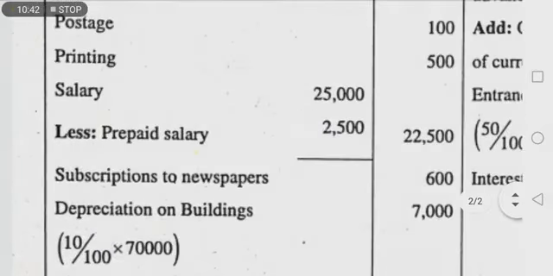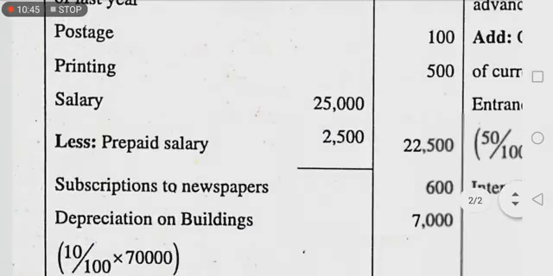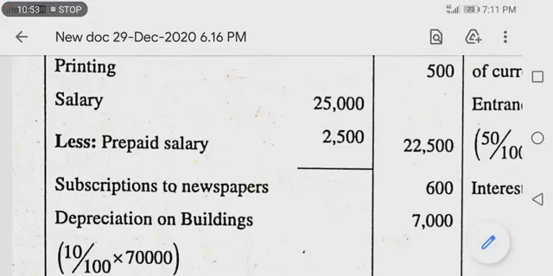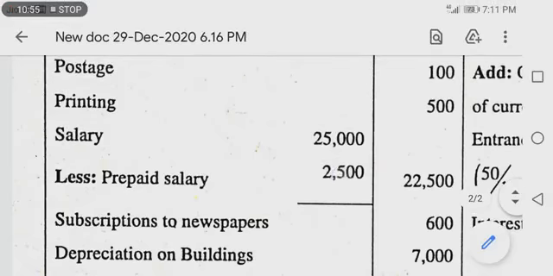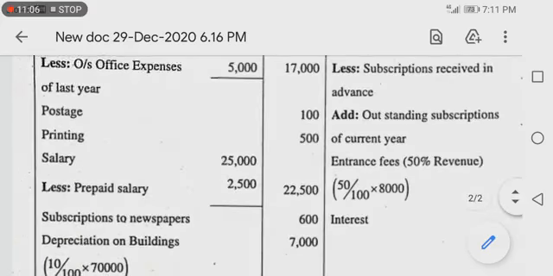Now you can see under the expenditure side how we have adjusted. At first we write the total amount given in the payment side, that is 25,000. Write salary and write the amount in the particulars column, and please deduct the prepaid salary given in the adjustment, that is 2,500. Now what is the reason to deduct the prepaid salary?